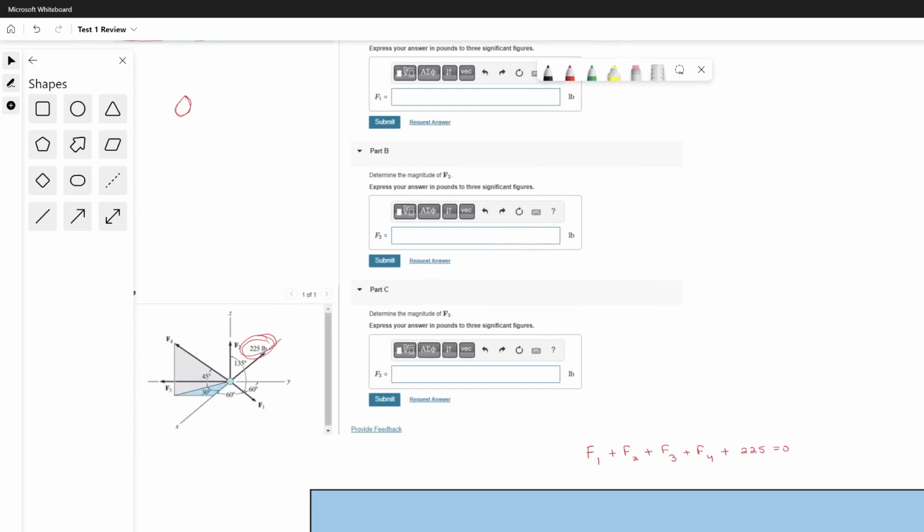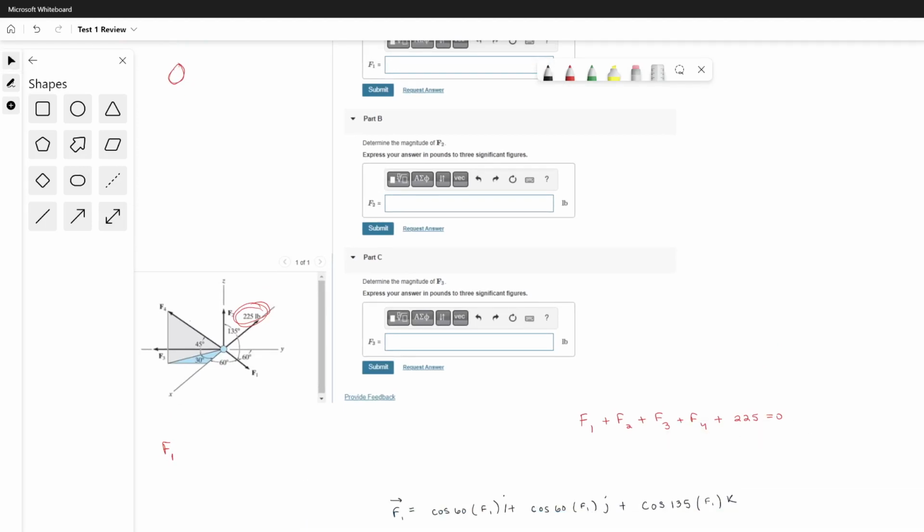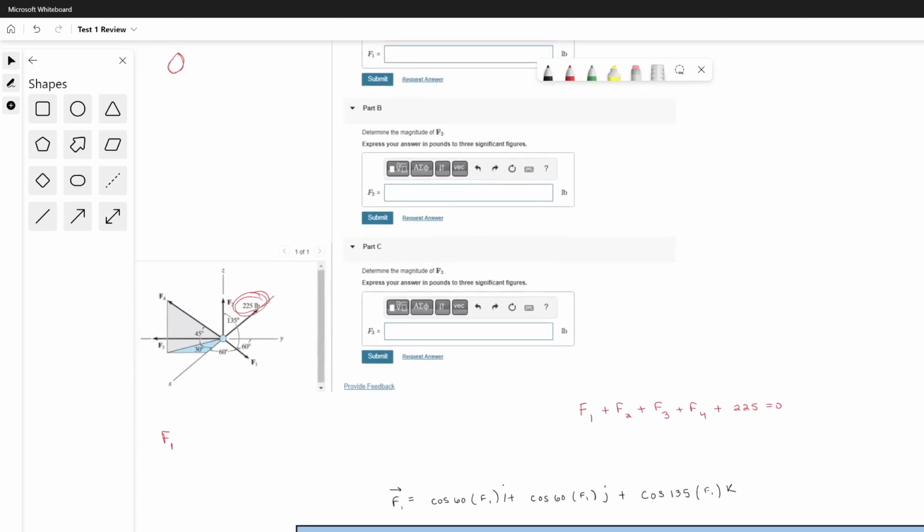Now the first thing to do is find out F1. Remember, you're trying to find the components F1x, F1y, F1z. So to find F1x, it'll be cosine of 60.